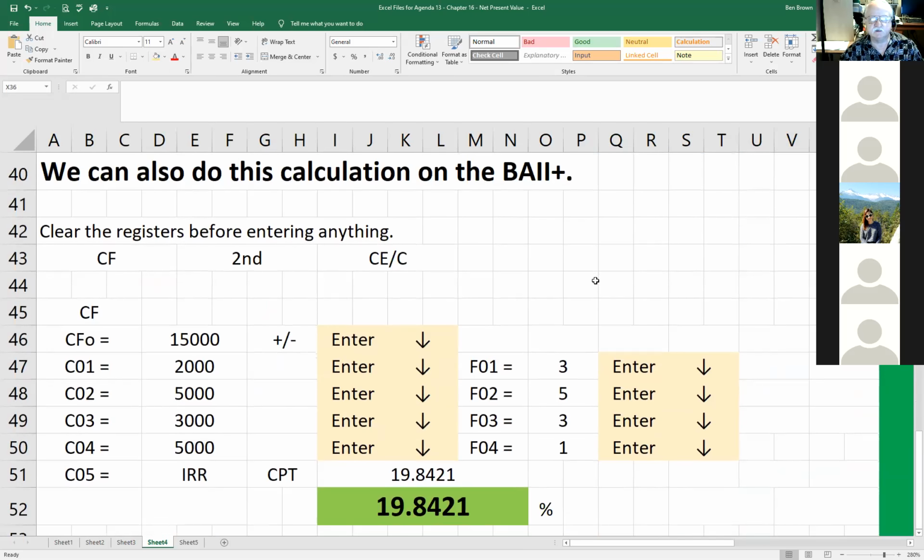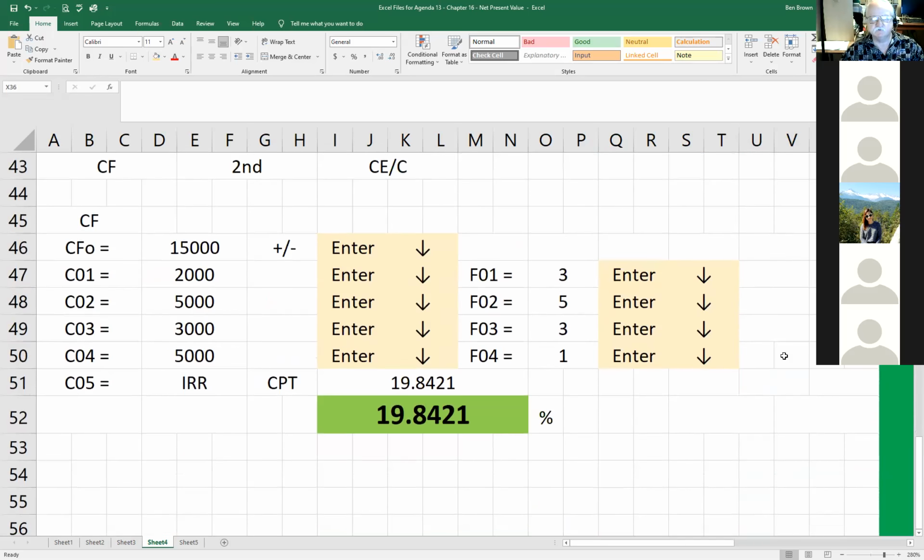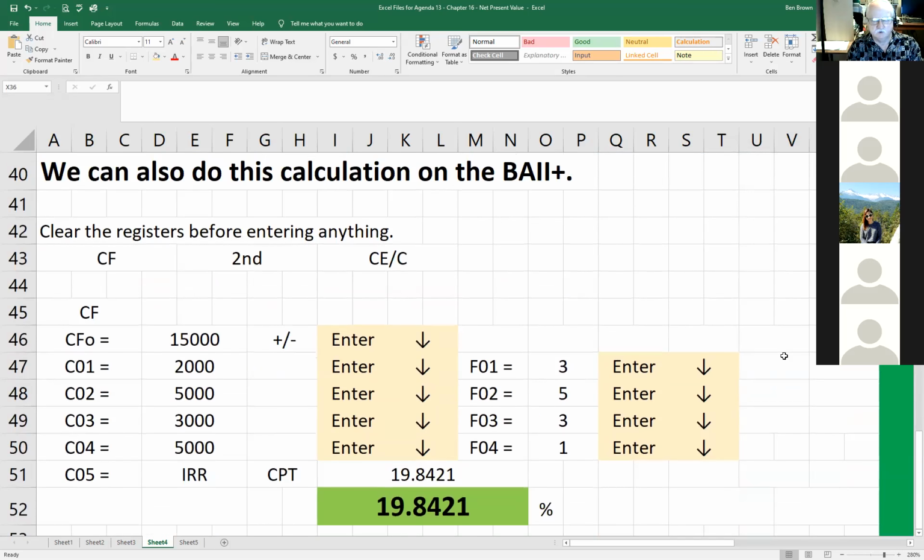And we can do this calculation on the BA2 Plus. Let's give it a try and make sure I haven't screwed it up. Let's clear the registers first. So CF, second clear. So we're still doing CF, and CF0 is the 15,000 negative.